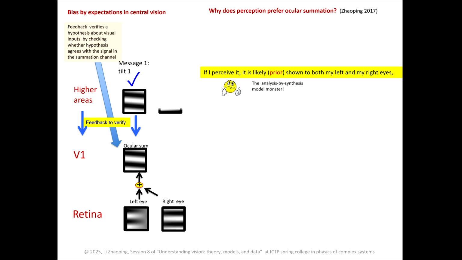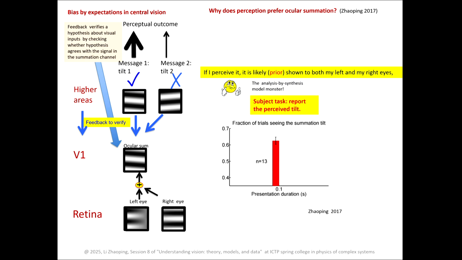When the higher centers consider the other message, the same reasoning makes them verify also with the signal in the V1 summation channel, and this verification should find disagreement. Consequently, the weights of the two messages are modified to favor the one confirmed by the verification, and that's why the summation signal is favored.